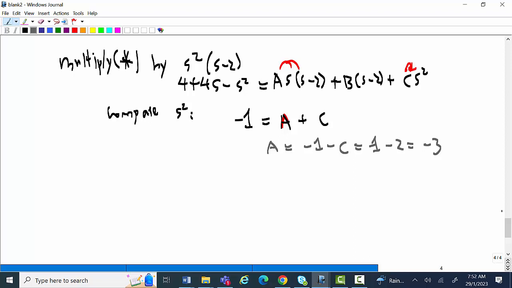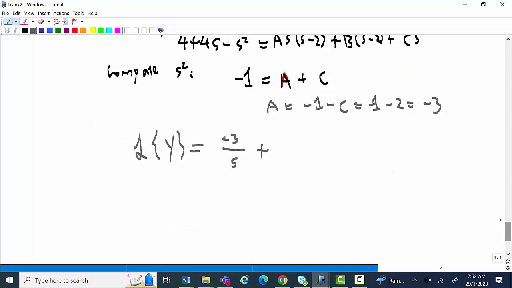Okay. So therefore, what we have is the Laplace transform of y is equal to minus 3 over s plus B, which is minus 2, over s squared, plus C, which is 2, over s minus 2.